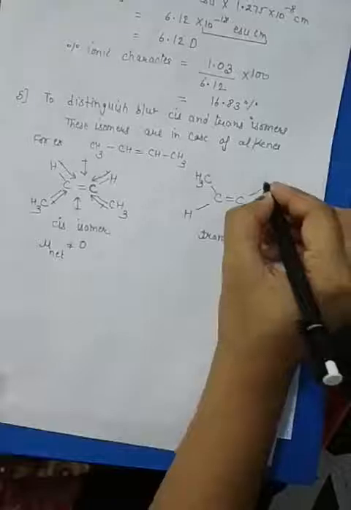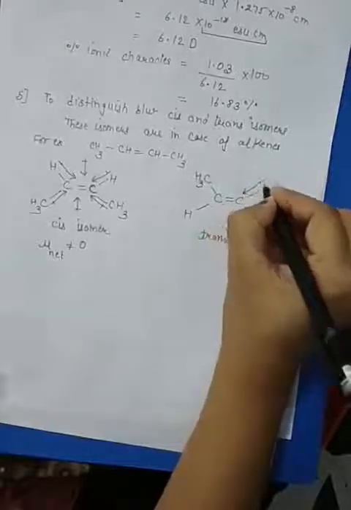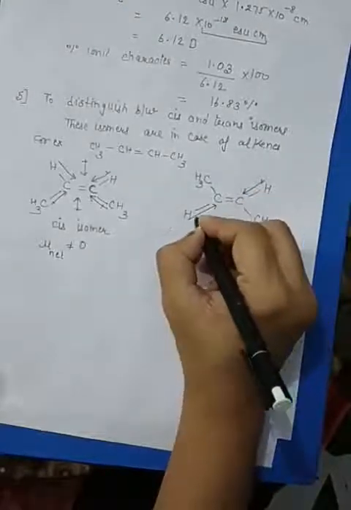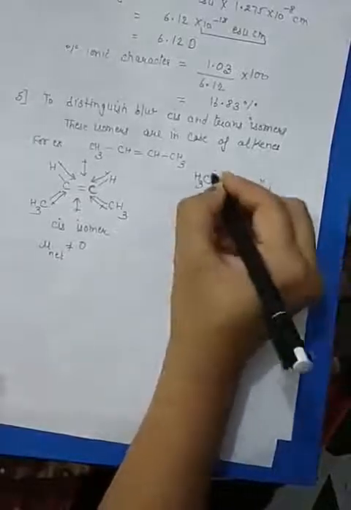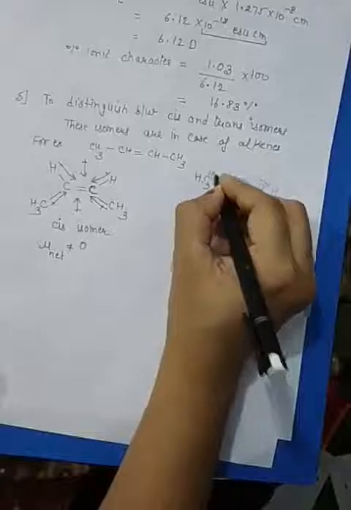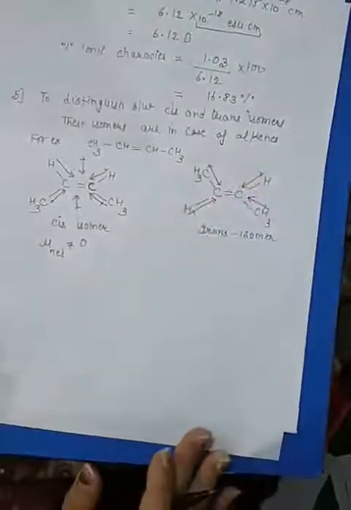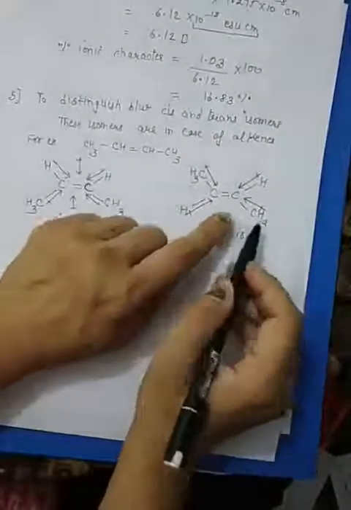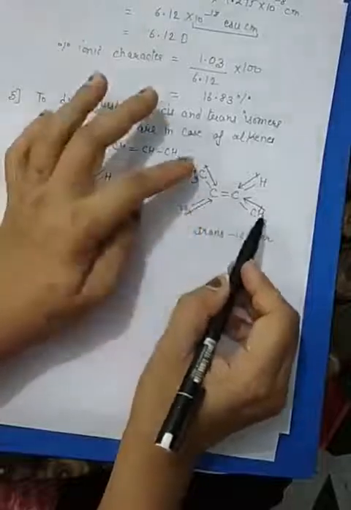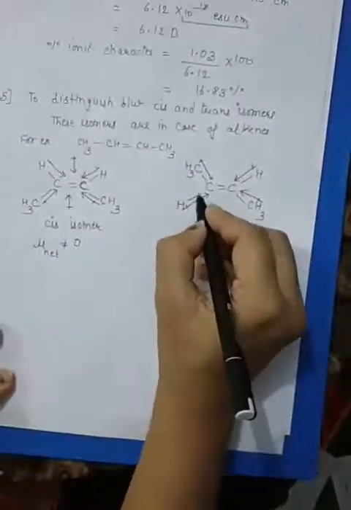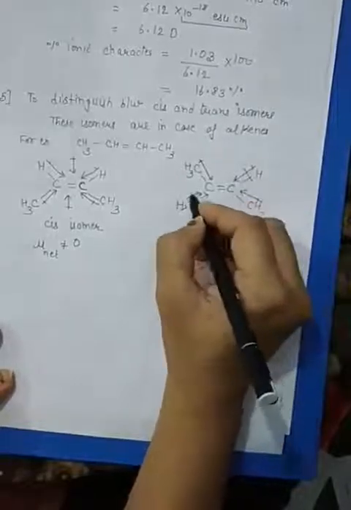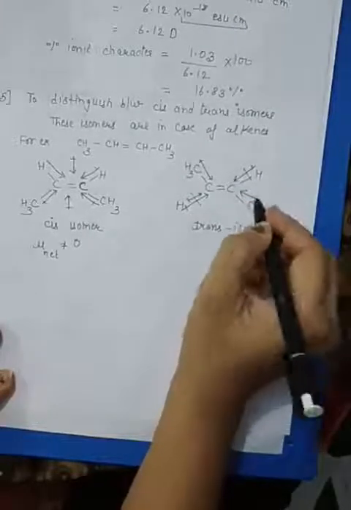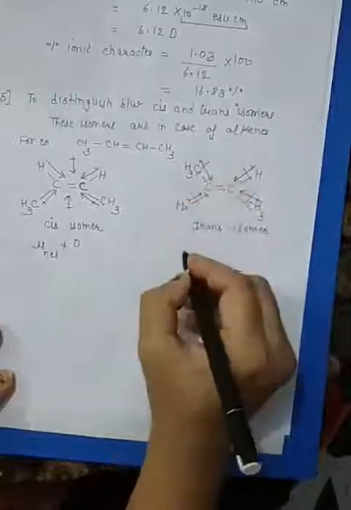In this case, if we see, then dipoles between the same bonded atoms oppose each other. Hence this CH bond cancels out this CH, this one cancels out with this.